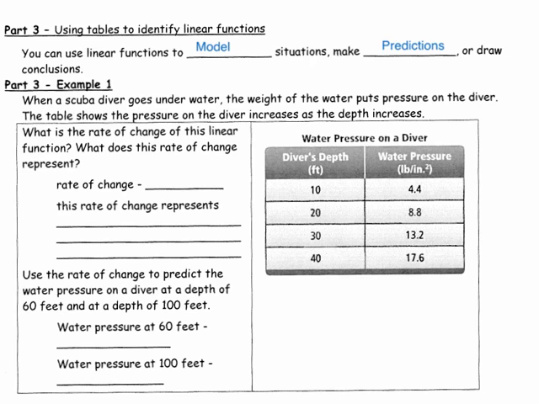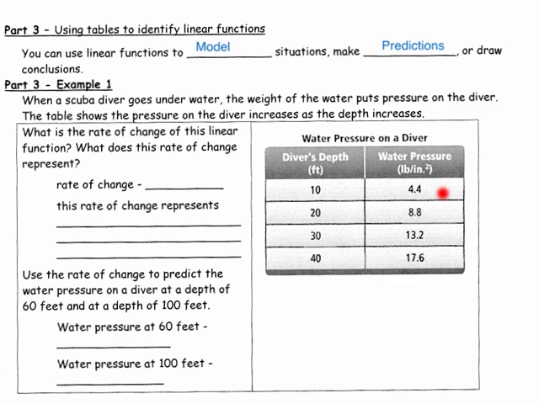It says when the scuba diver goes underwater, the weight of the water puts pressure on the diver. The table shows the pressure on the diver increases as the depth increases. So we're looking right here. The deeper you go, the more pressure you have. What is the rate of change of this linear function, and what does it represent?